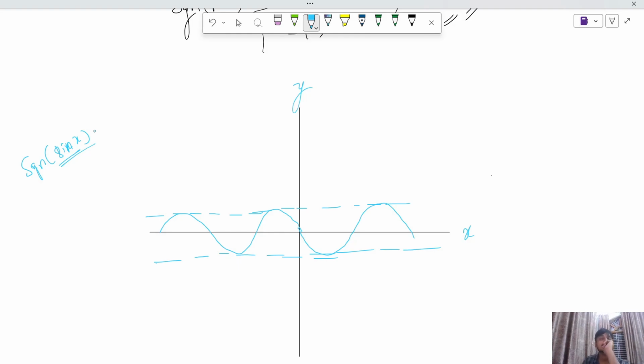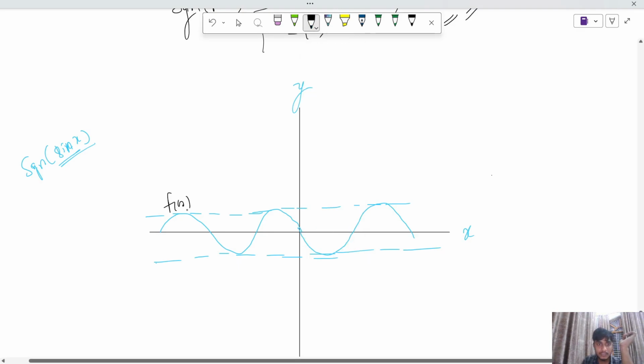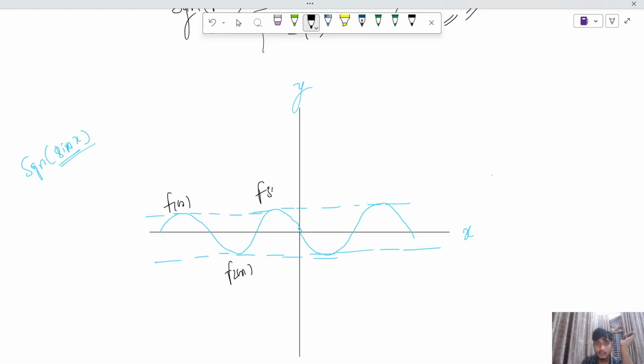I'll start regular. Let's call the portions f1 of x, f2 of x, f3 of x, f4 of x, f5 of x, and these are positive, negative, positive, negative, positive.